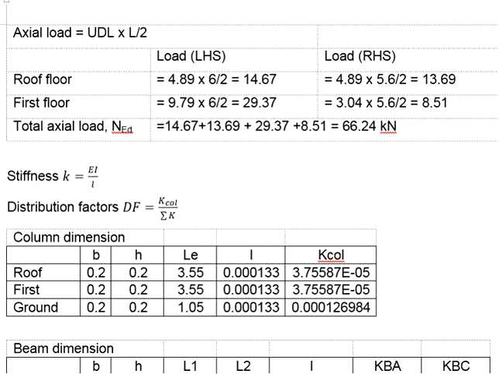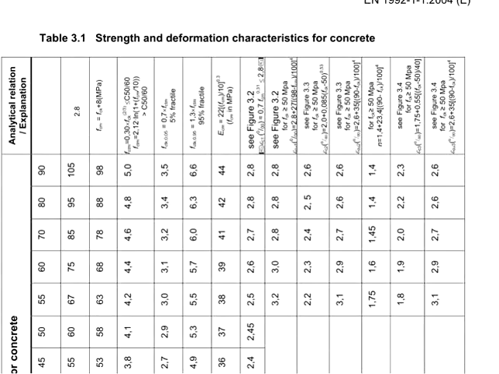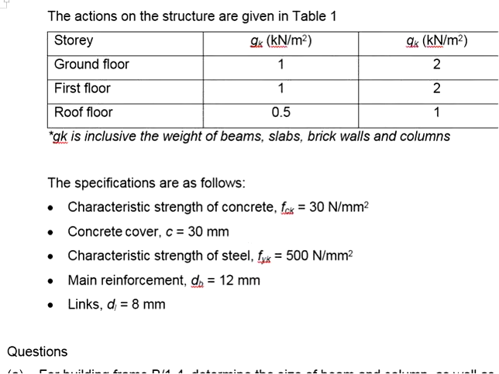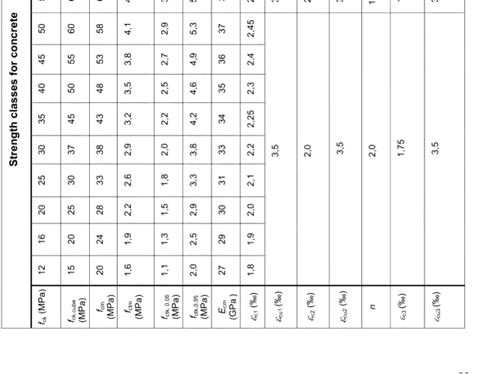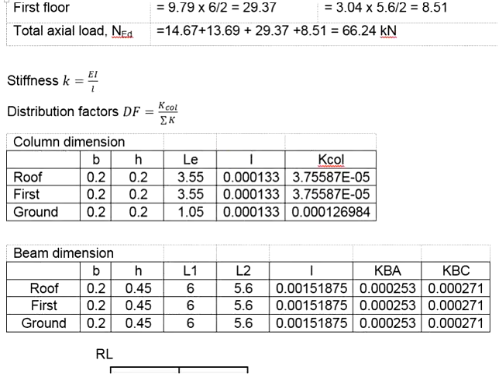If you wish to substitute the actual E value, you may refer to Eurocode table 3.1, which in this question the concrete grade is 30. Referring to the table, for grade 30 concrete, your E value will be 33 gigapascal. For simplicity, we just assume the modulus of elasticity equals 1.